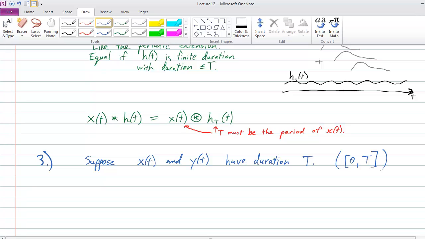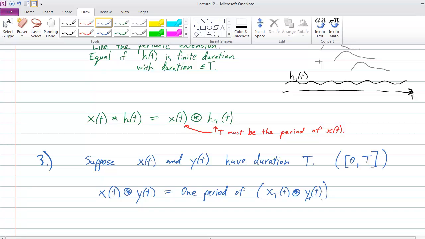Then what we can do is define circular convolution between these, equals, I'm going to say one period of x_T of t circularly convolved with y_T.